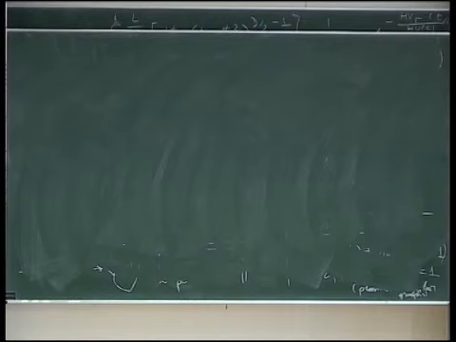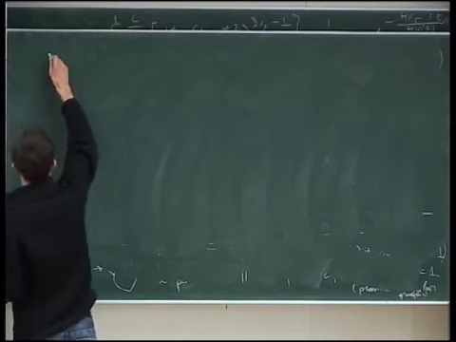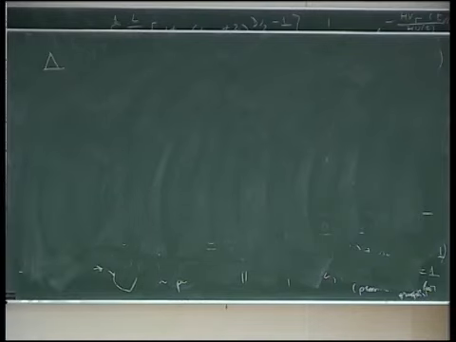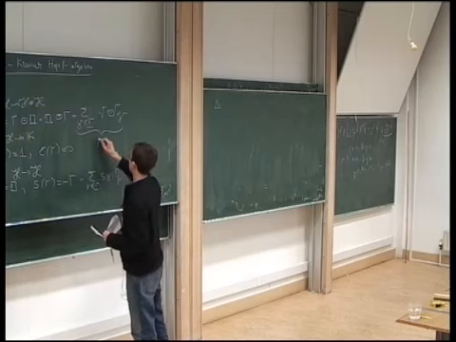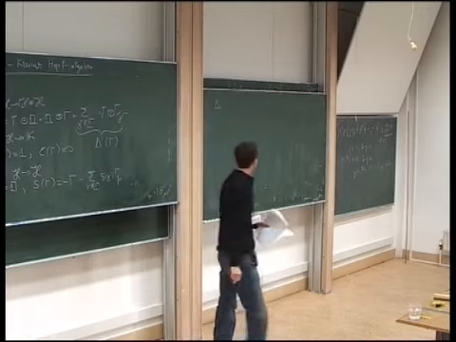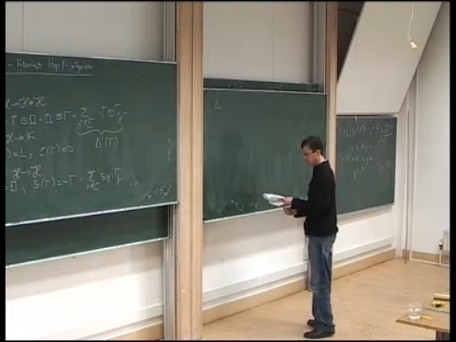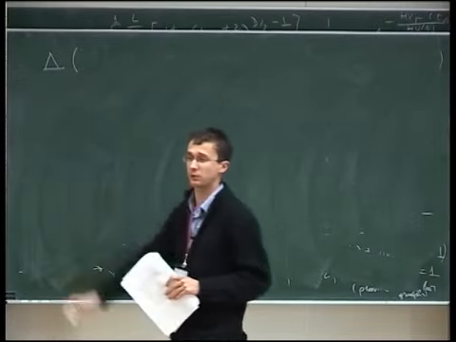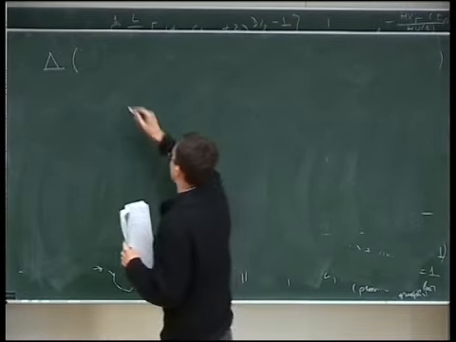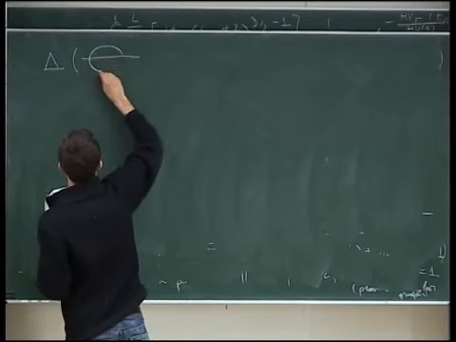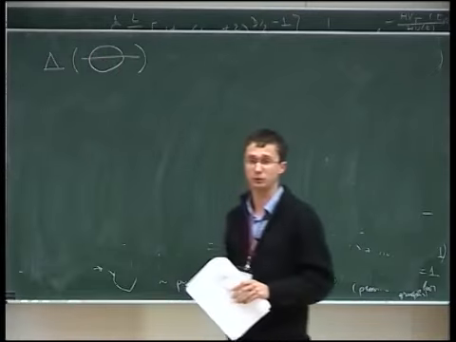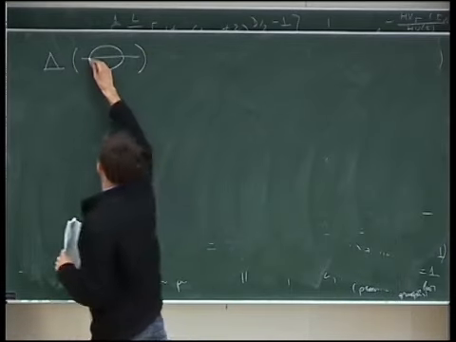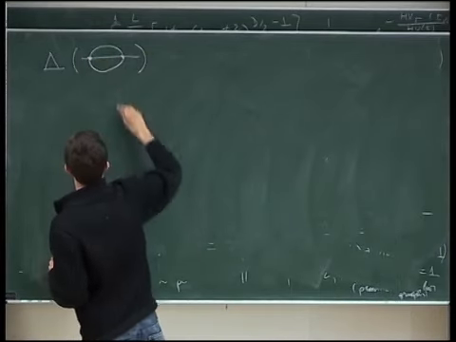But first, if I call this non-trivial part of the coproduct delta prime, this being the trivial part, let me just give an example to see how this works. So if I apply the coproduct defined on the blackboard to this graph, now I'm in the commutative case, so these are just usual vertices and usual propagators.